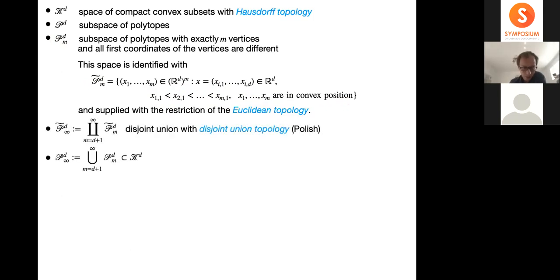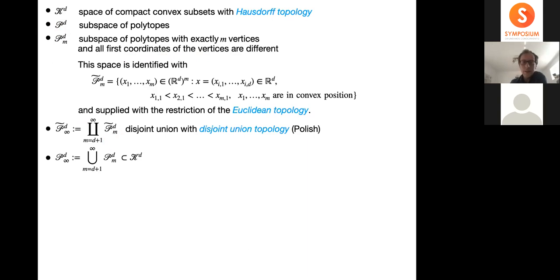And now we have this space nicely identified with a subset of Euclidean space. Now you also want a representation space for the space of polytopes, well, not all polytopes, but polytopes whose first coordinates of the vertices are all different.